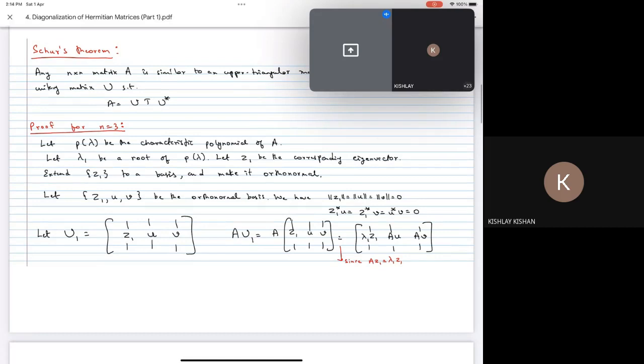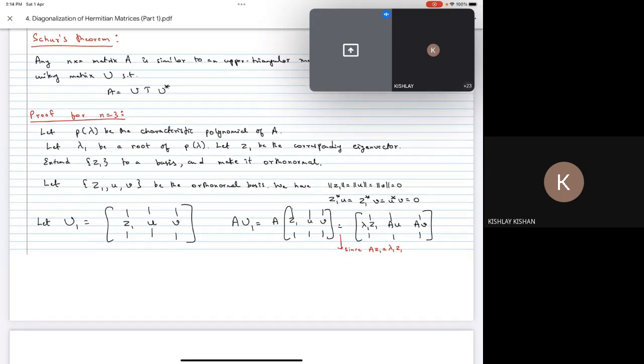Each vector is of length 1, and if you take any pair, they're orthogonal to each other. Is that clear now?